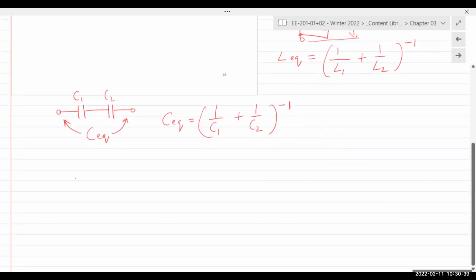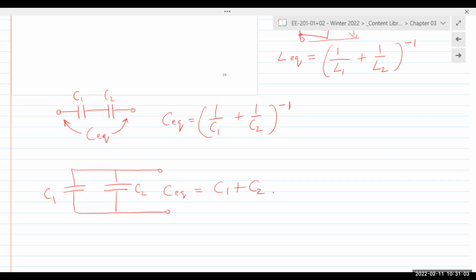And if you have C1 and C2 in parallel, CEQ will simply be C1 plus C2. And similar to resistors, it does not matter how many components we have in that series connection or in that parallel connection. You could have 1,000 components in series or parallel. As long as the conditions are satisfied, you can apply these equations.